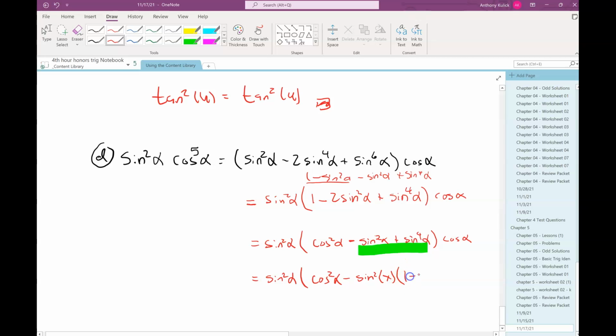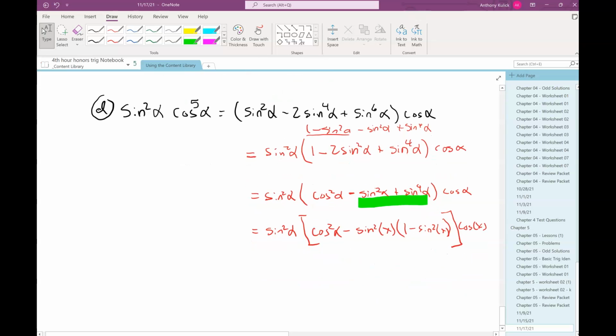So that's going to turn that into 1 minus sine squared. Let me do a bracket. You guys see anything now? That was going to be the stumbling block. That was the hard part to see.